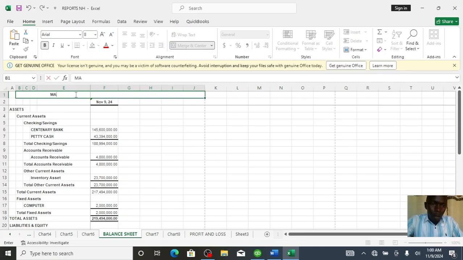This Masaka Traders, statement of financial position, statement.